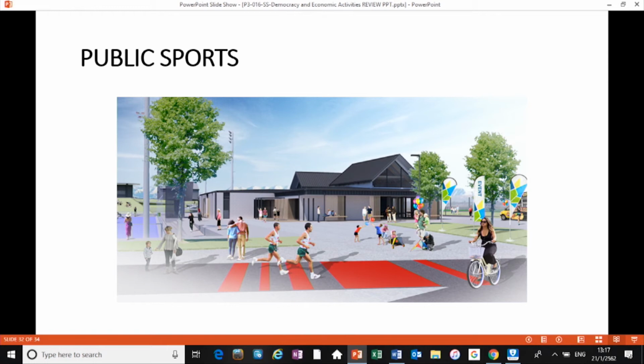Public sports. Yes, for example, if we want to go swimming, anybody have a swimming pool at home? No. Where do we need to go if we want to swim? Swimming pool. Swimming pool is an example of public sports.